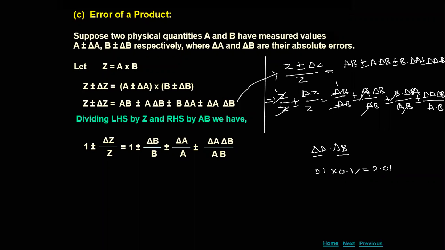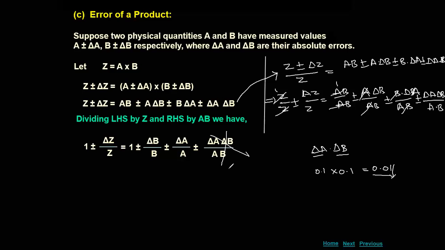So it is smaller than this. These errors are small, and when we multiply the errors again, we end up with something smaller than that. That means if it is very small, we don't need to consider it. So I am just neglecting this term in the next step.